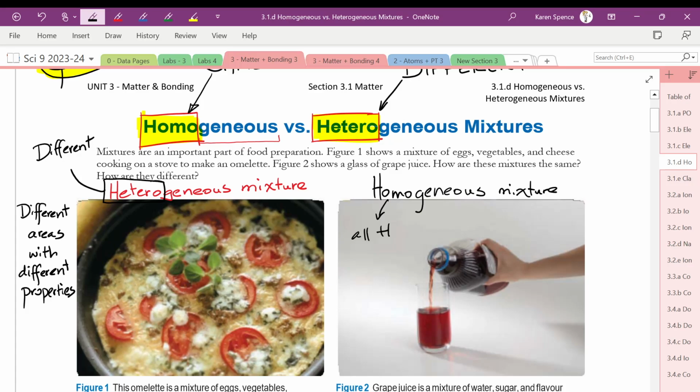It is all the same properties throughout. Because homo means the same.